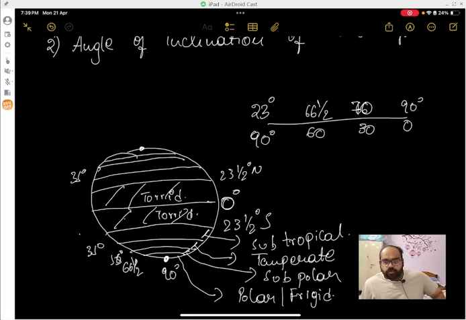Why are these regions divided like this? Because the angle of inclination of the sun's rays decreases from the equator to the pole, so the temperature decreases, and different climate activities happen in different regions.